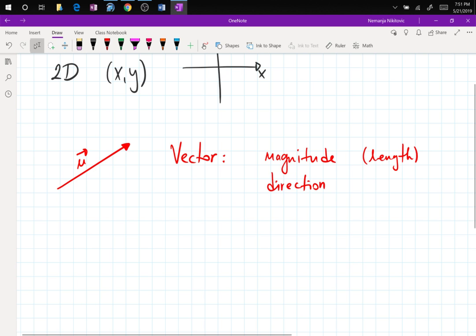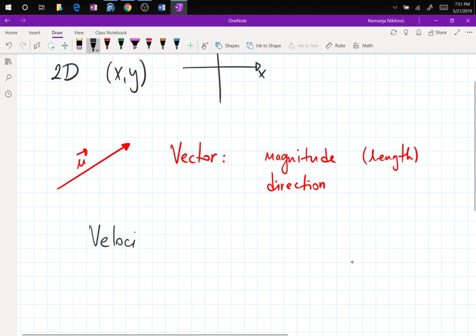So certain physical quantities in the world that surrounds us can be described only with numbers, and others would also need the direction. So the concept of velocity and the concept of speed.